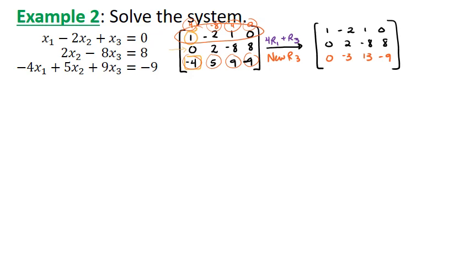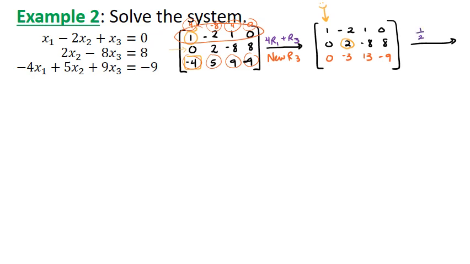Now I have this column the way I like it. So now let's move over to the next column. I want this to be a 1. In order to do that, all I need to do is divide by 2, and then that becomes a 1. So this is scalar.